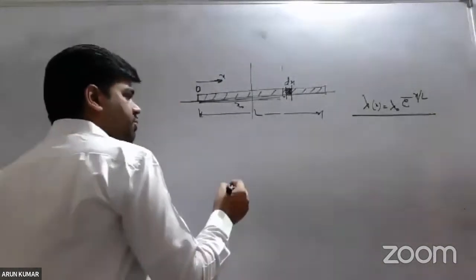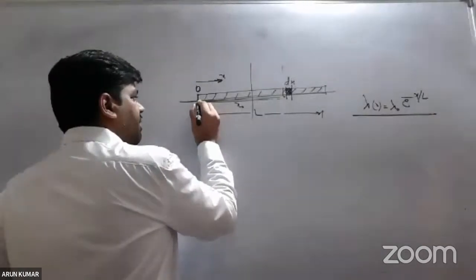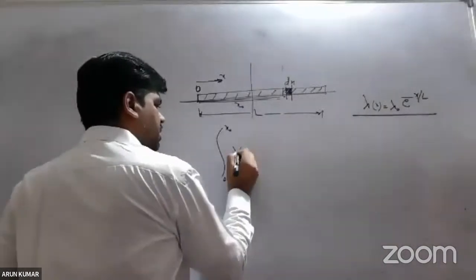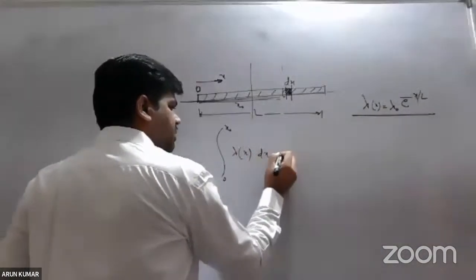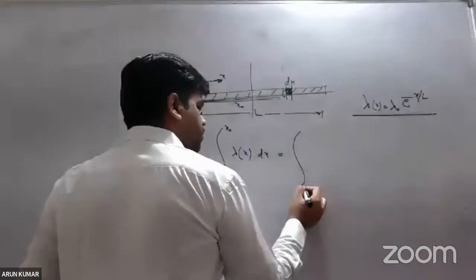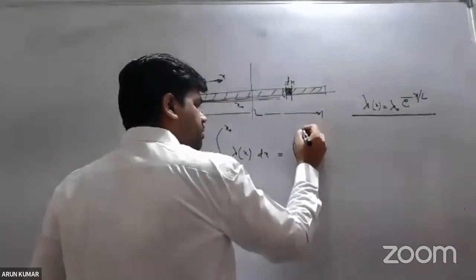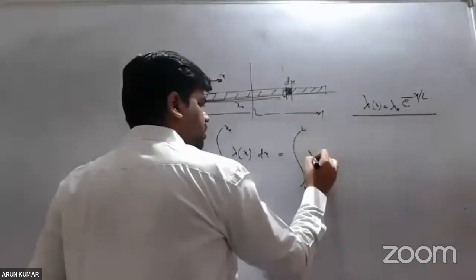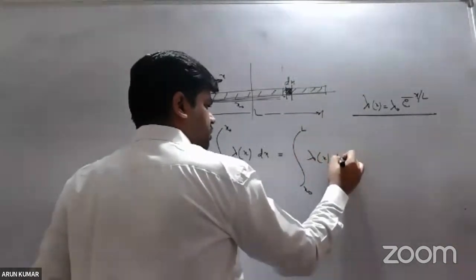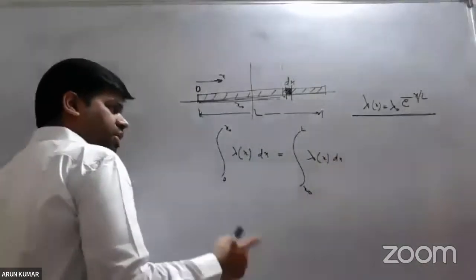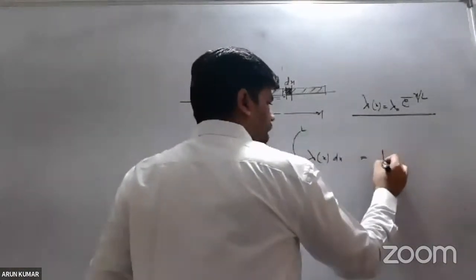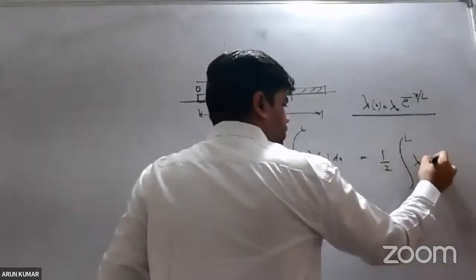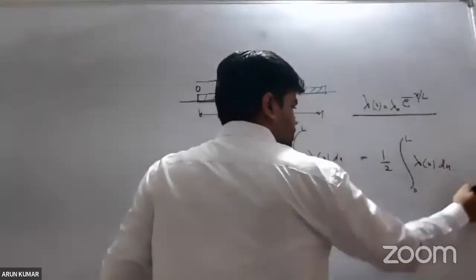So what do we do now? When I integrate from 0 to x naught lambda of x dx, this should be equal to the integral from x naught to L. This should be the condition. Or this should be equal to half of the integral from 0 to L lambda of x dx.